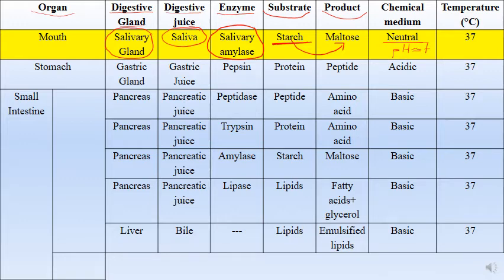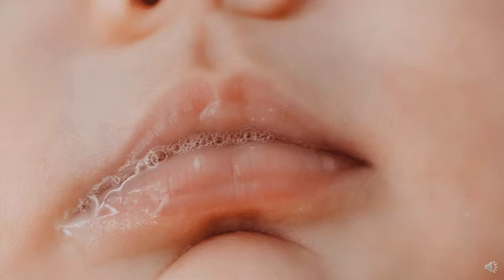On starch, to give which product? Maltose. The medium is neutral, the pH is approximately 7, and the temperature is 37 degrees. This is the saliva inside our mouth that helps us digest the food.